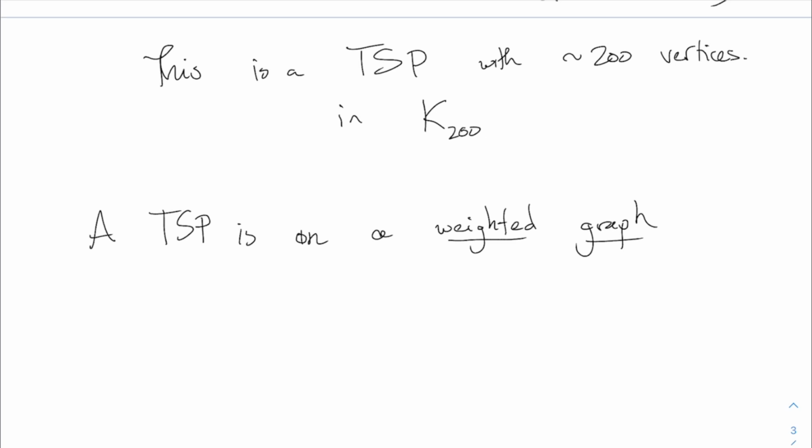It's not just a graph, it's a graph where in addition to the vertices and the edges, every edge has what we call a weight, which is a number, which typically means the distance from this vertex to that vertex. So a traveling salesman problem is on a weighted graph. That is, each edge has a weight, and this is a number.